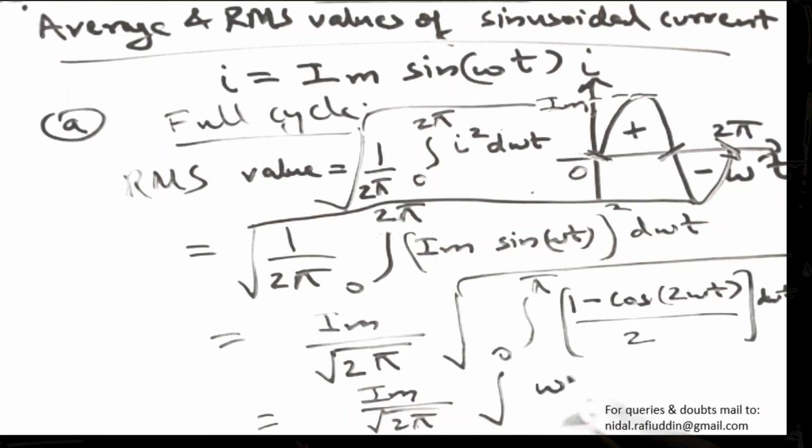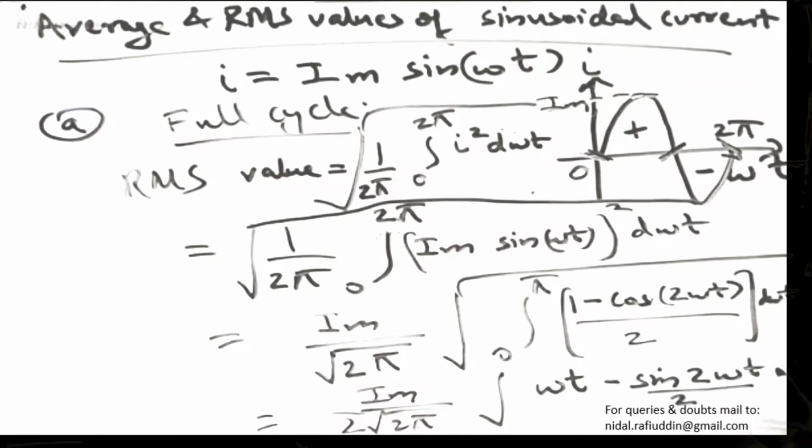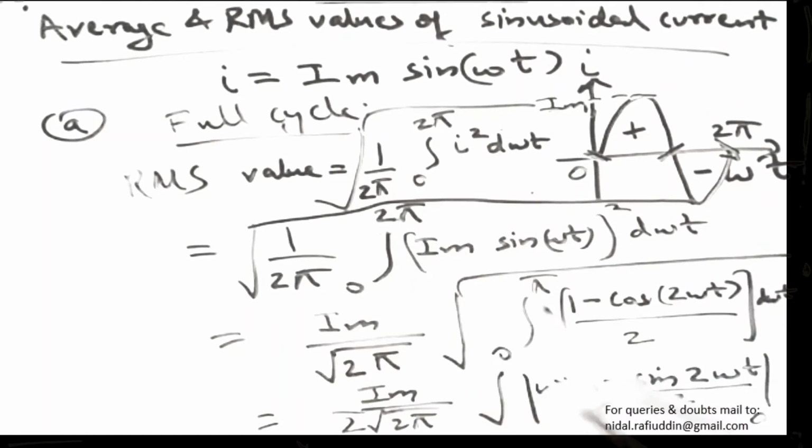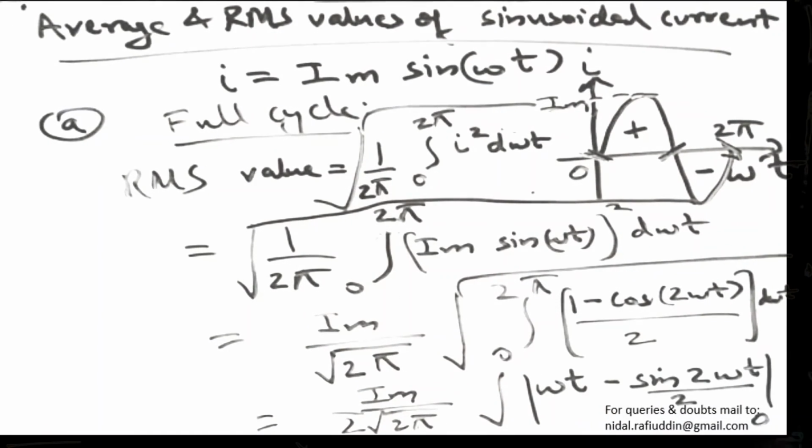So this can be written as omega t minus sine 2 omega t. So let's take this 2 outside as well. So 2 sine 2 omega t divided by 2. This is a different 2 from this one. And then we have limits 0 to, we were computing this for full cycle, so this is 2 pi, 0 to 2 pi.